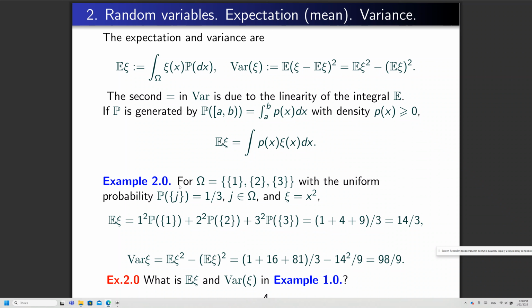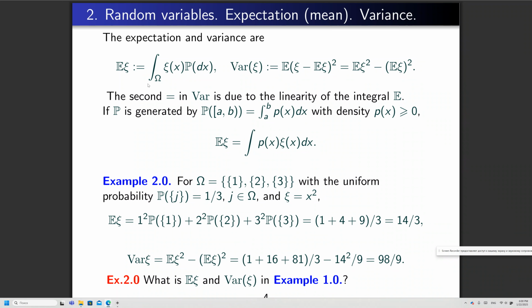Example 2.0. We have a discrete space consisting of three elements, 1, 2, and 3, with the uniform probability P of elementary subsets equal to 1 over 3. And the random variable is xi equal to x power 2. The question: what is the expectation of this random variable? We use this formula.